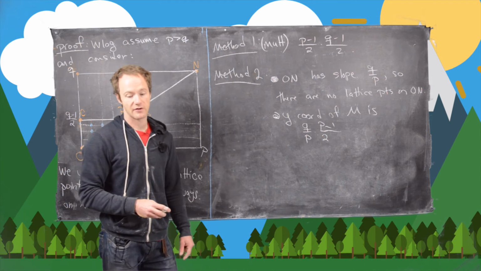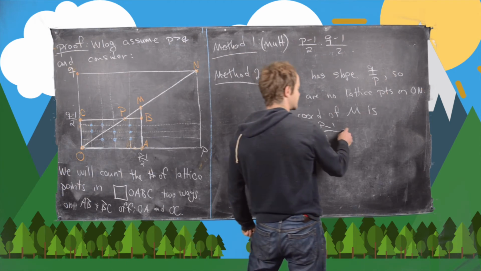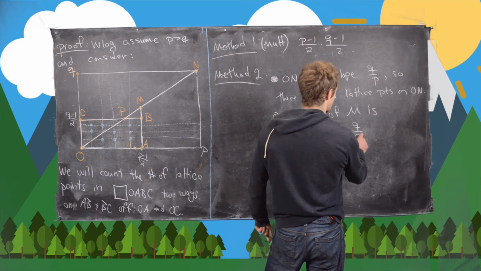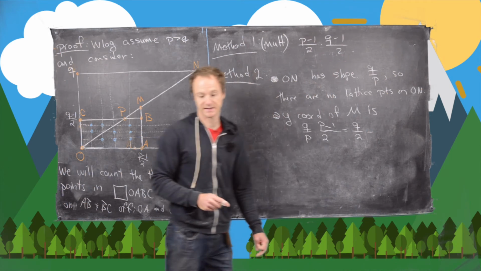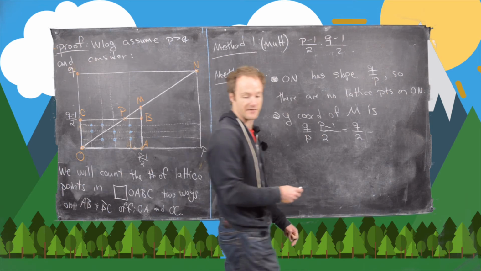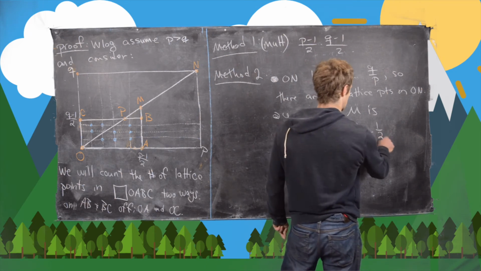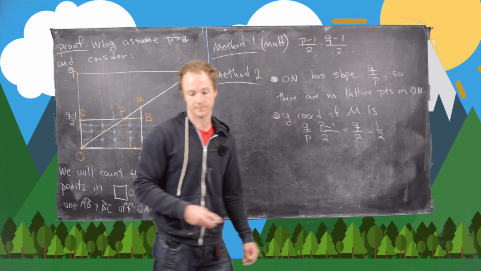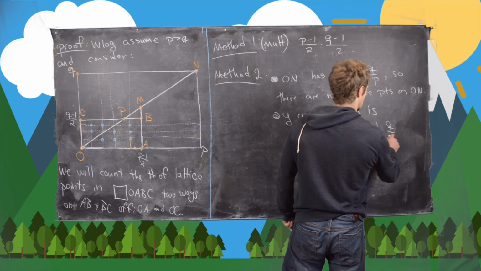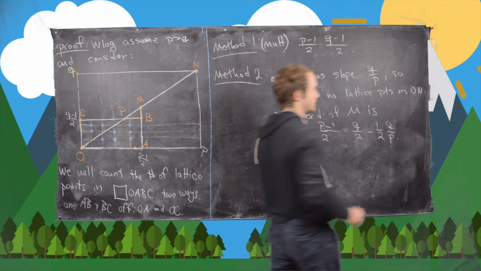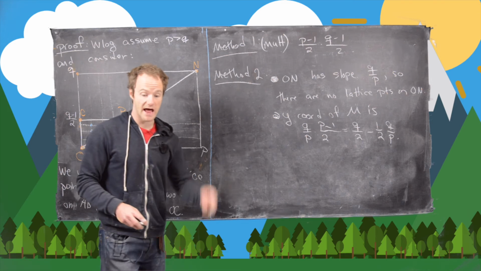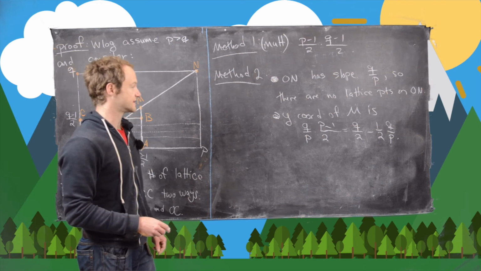Okay, great. But now notice we can simplify that as follows. That's the same thing as q over 2 minus 1/2 q over p. Good. So next, we're going to also notice the following.